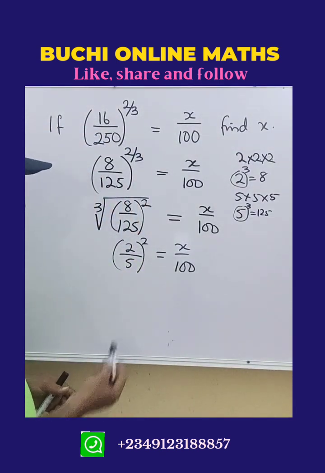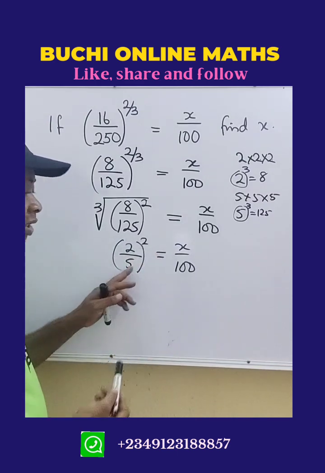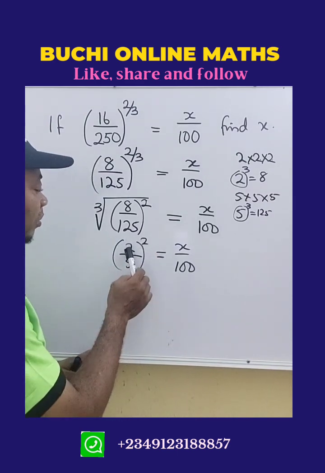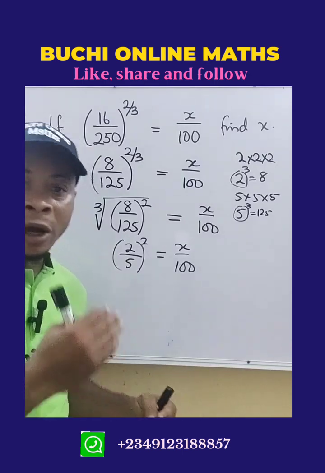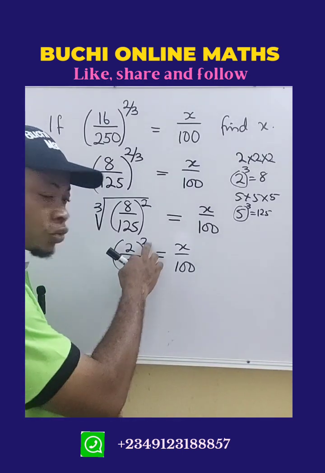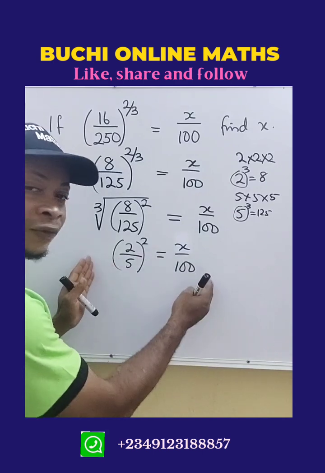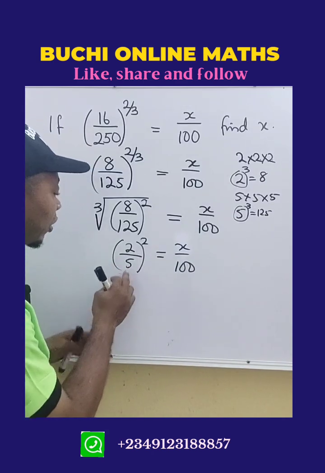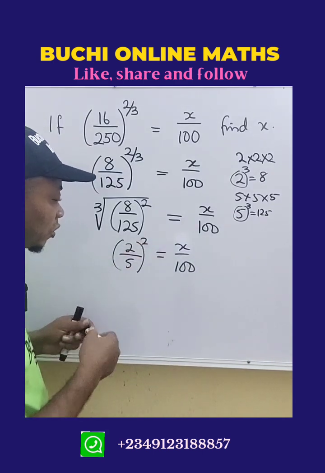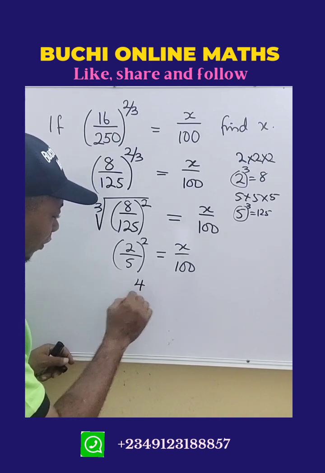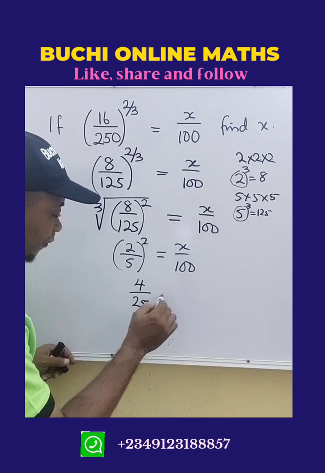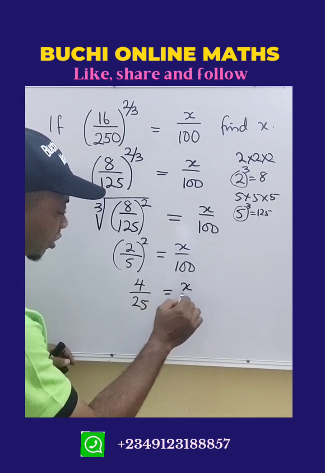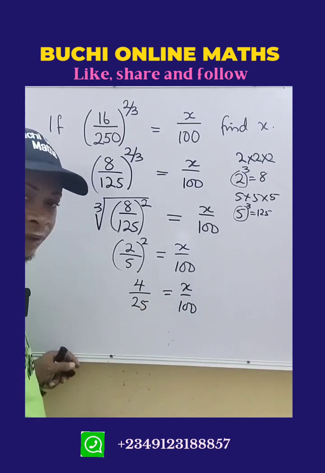Okay, now because of this parentheses, it means that both the 2 and 5 own the power 2. So when you remove the parentheses, you are going to have 2 raised to power 2, which is 4, and 5 raised to power 2 is 25, equals x over 100.